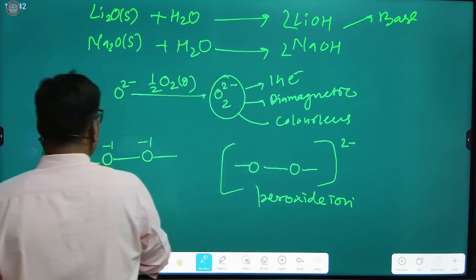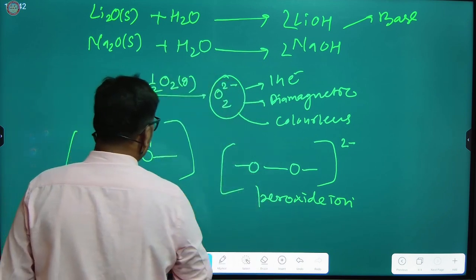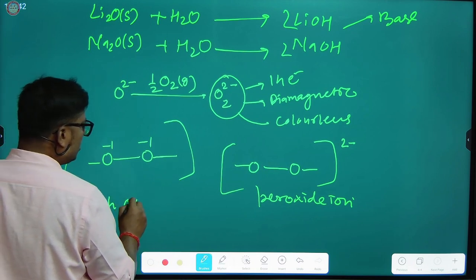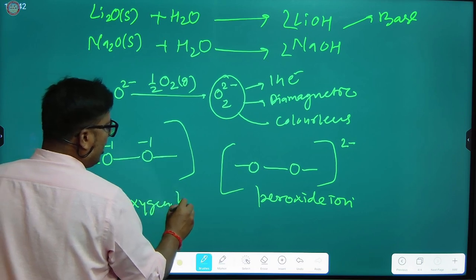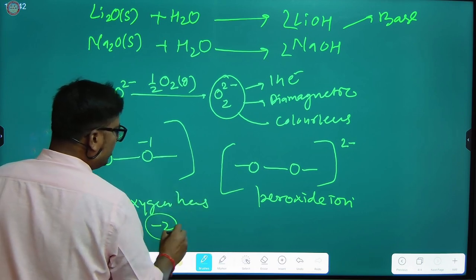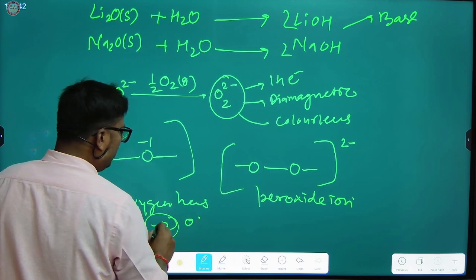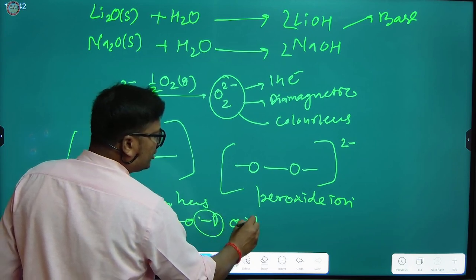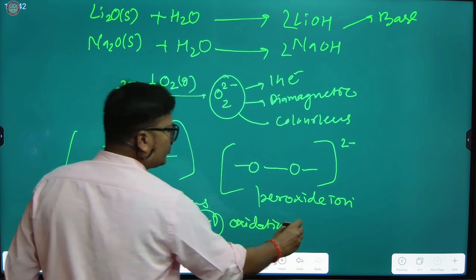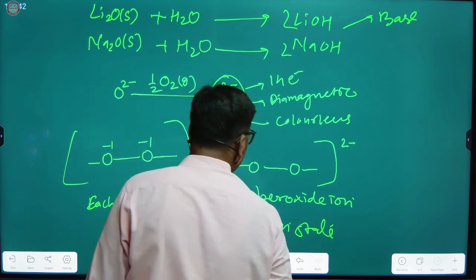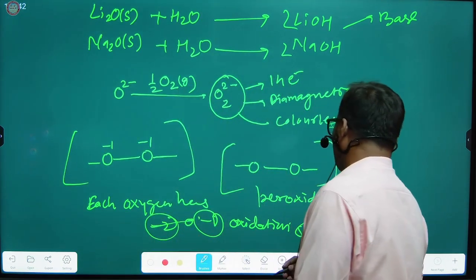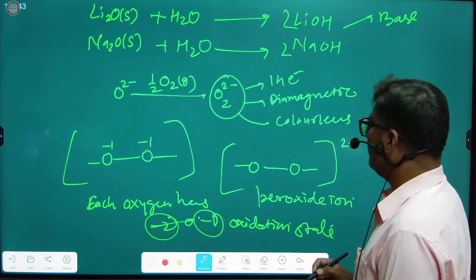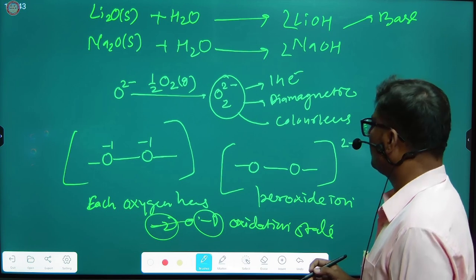So in this structure, each oxygen has minus 1 oxidation state, whereas in monoxides, oxygen has minus 2 oxidation state. So the oxidation state decreases, right?